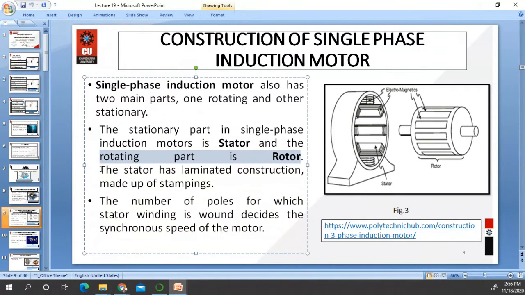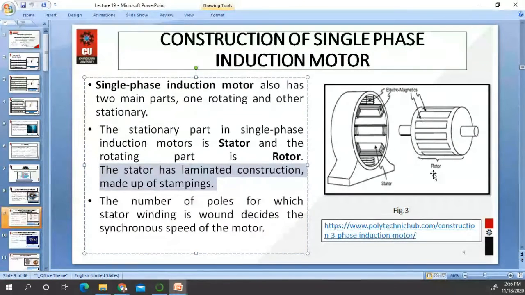The stator has laminated construction made up of stamping. So you can see these are made up of so many plates. They are connected together with some stamping and laminated with each other to reduce eddy current and hysteresis losses.